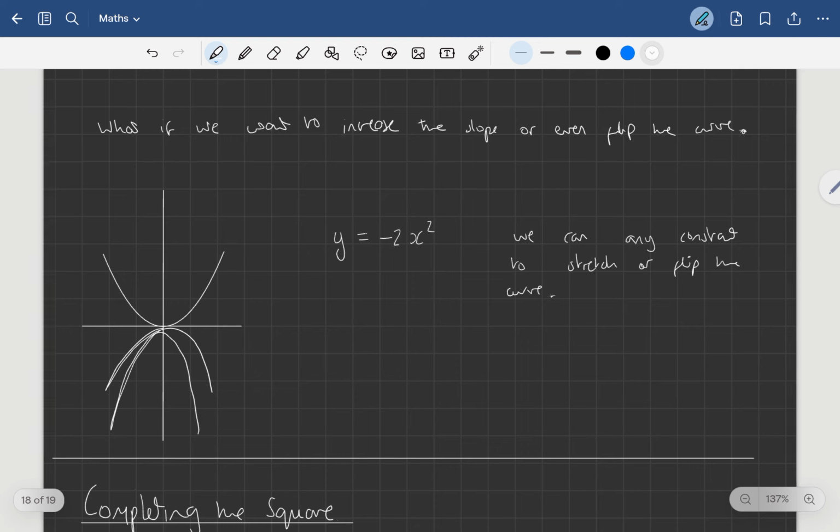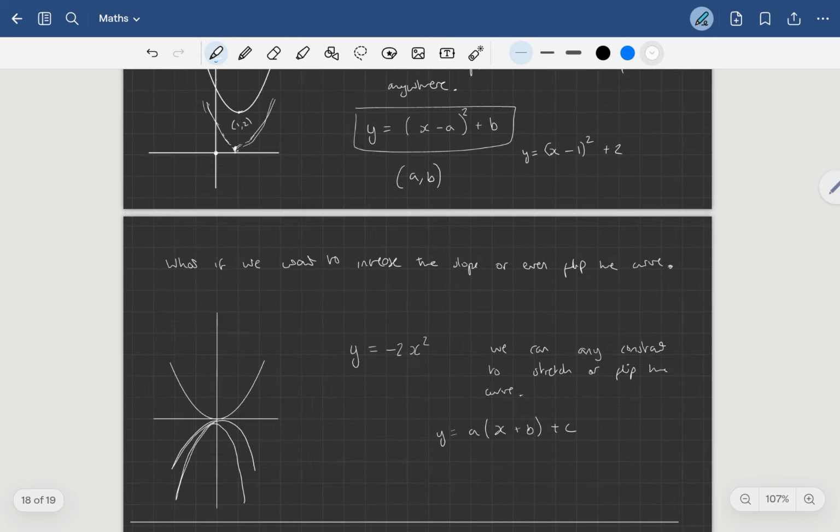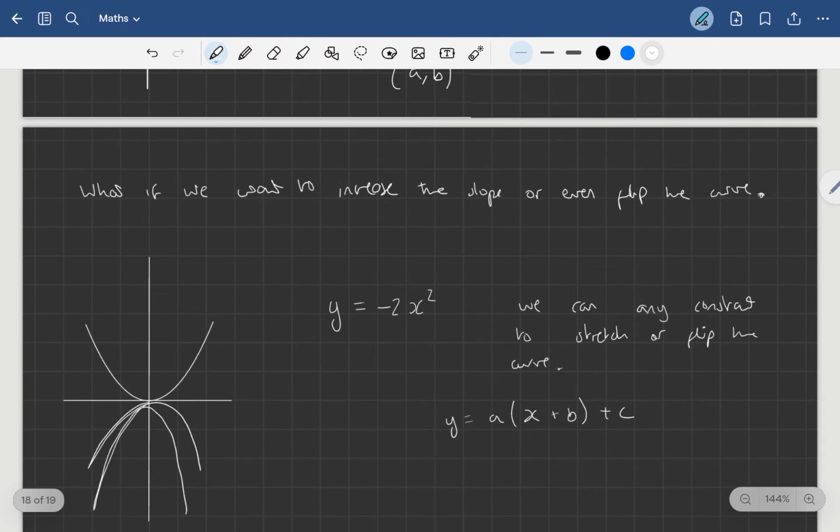Okay? So now we can create any quadratic curve by placing a coefficient in front of it, and by using the other rules you've learned. Okay? And because of this, I've just combined this here with this.